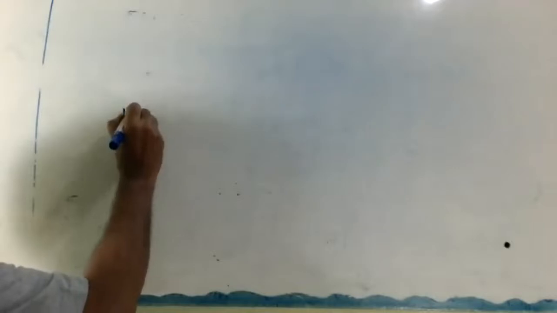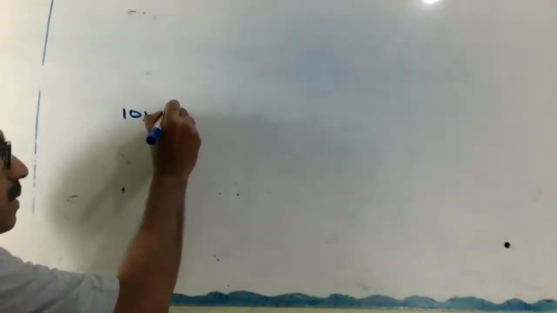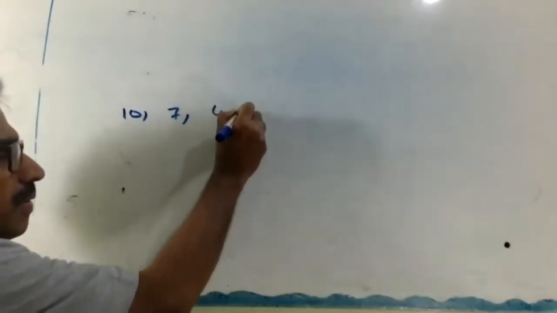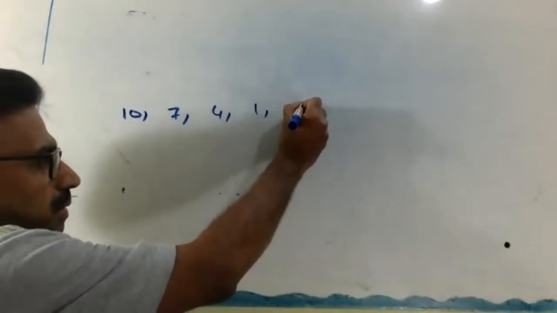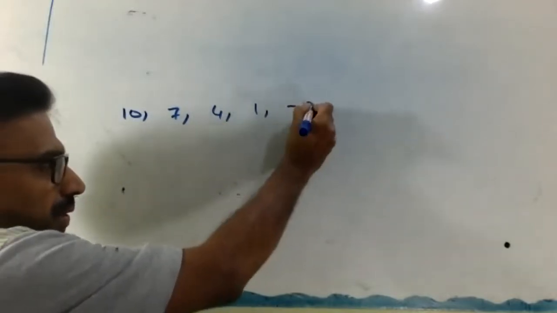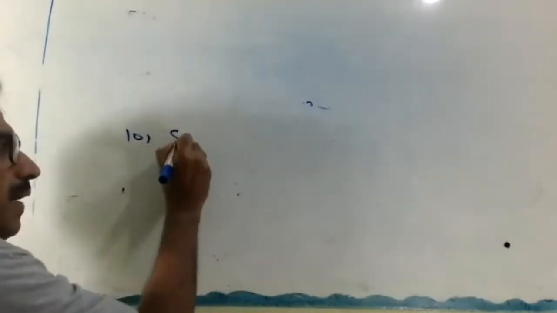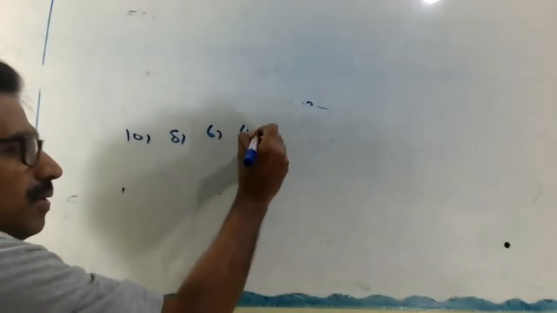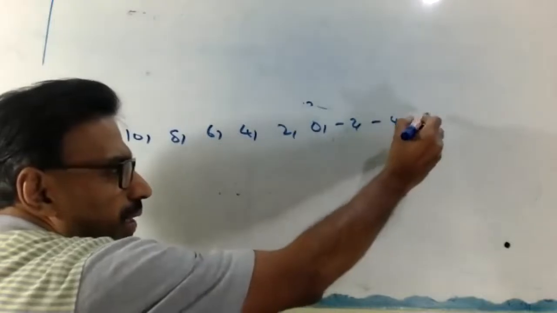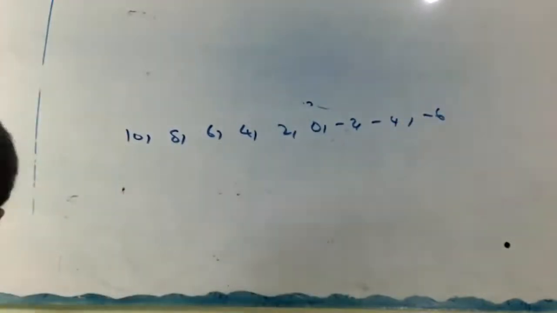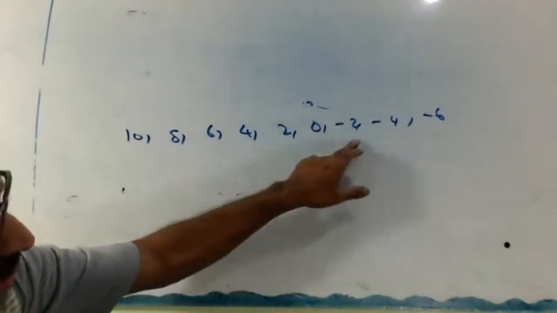Take 10, 8, 6, 4, 2, 0, minus 2, minus 4, minus 6, like this, 1, 2, 3, 4, 5, 6, 7, 8, 9 terms.